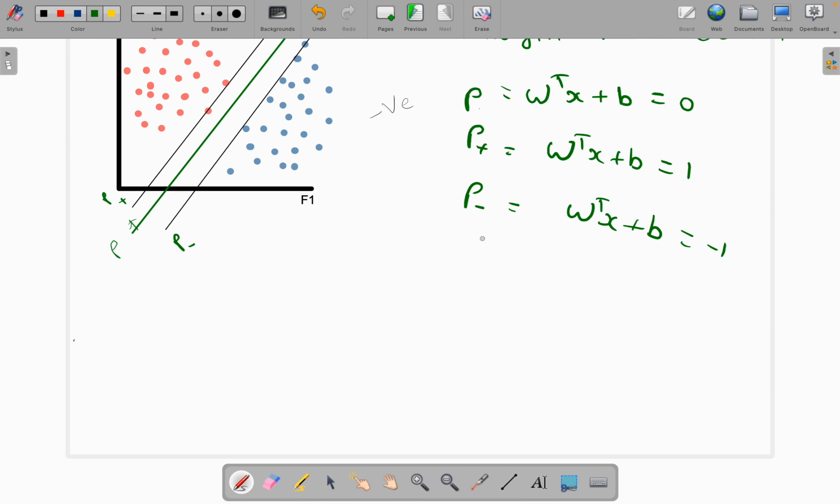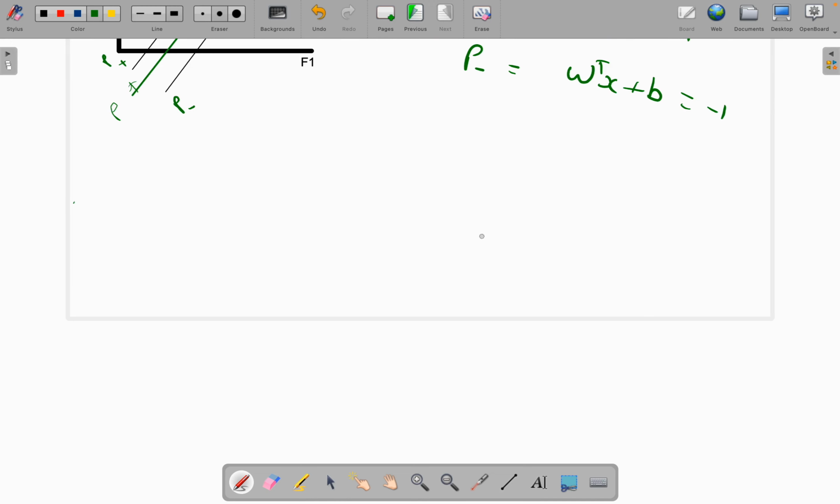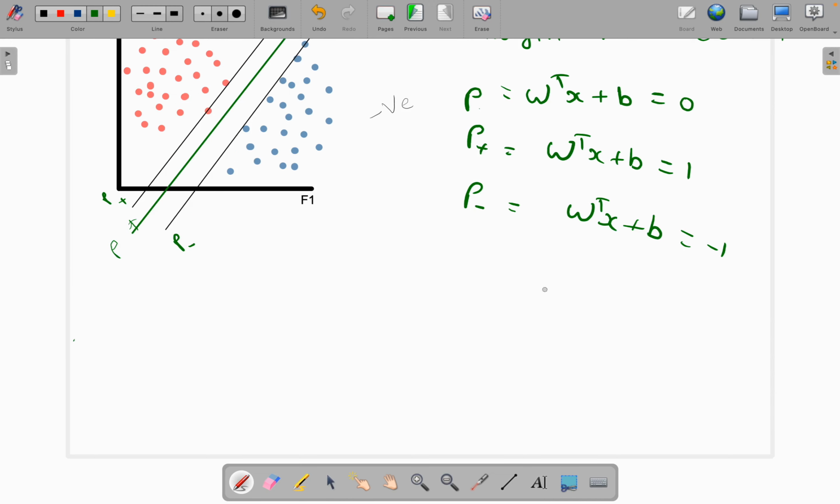So what would it be? In this equation for P plus, let me write it here. P plus is W transpose X plus B is equal to 0, right? Here if I put X equal to 0, then I will receive, sorry, the P plus equation is not 0 but 1.